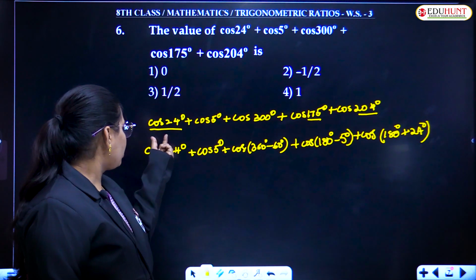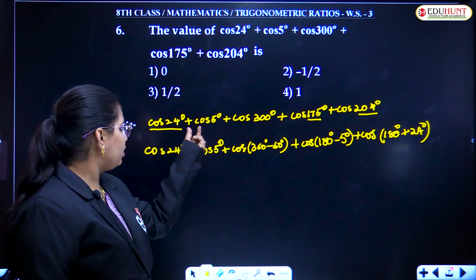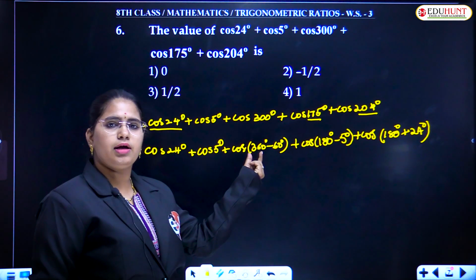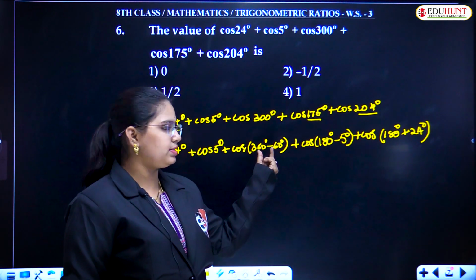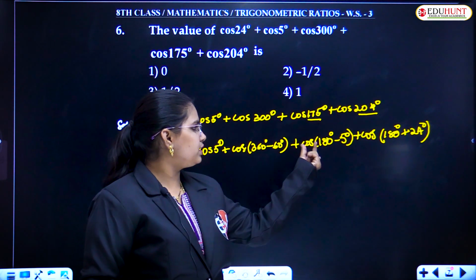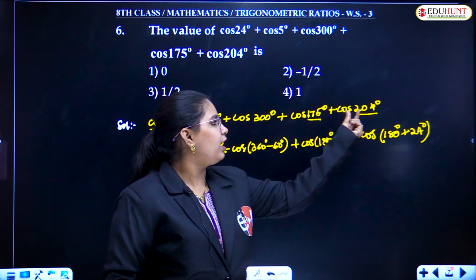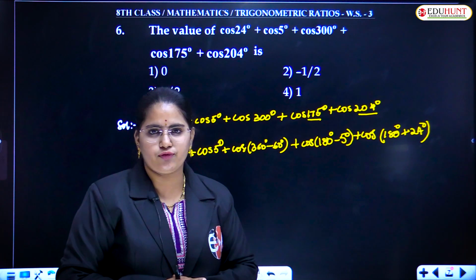I repeat: cos 24 degree is as usual, cos 5 degree I have written as usual, cos 300 degree I have written in the form of 360 minus 60, cos 175 I will write in the form of 180 minus 5 degree, and 204 is 180 plus 24.